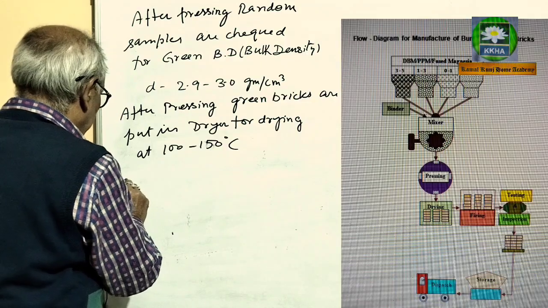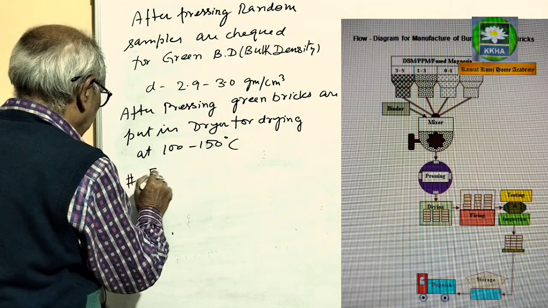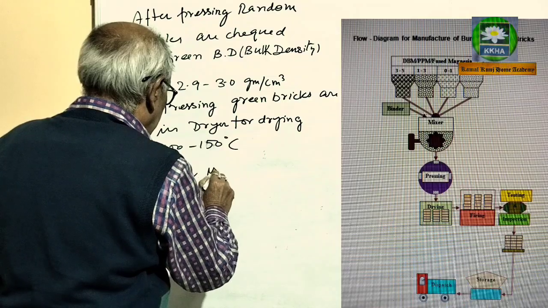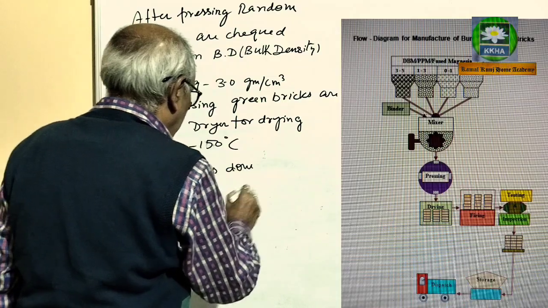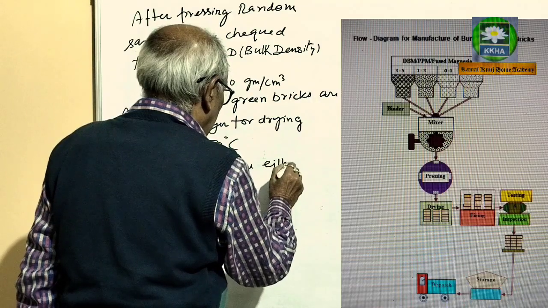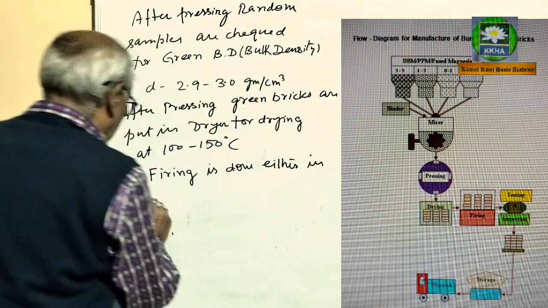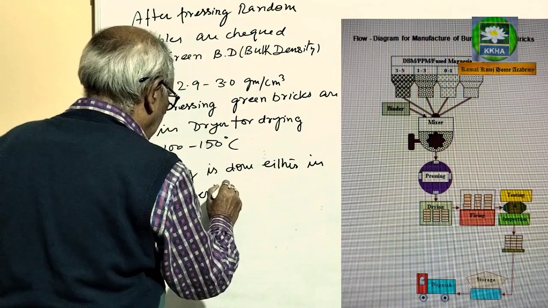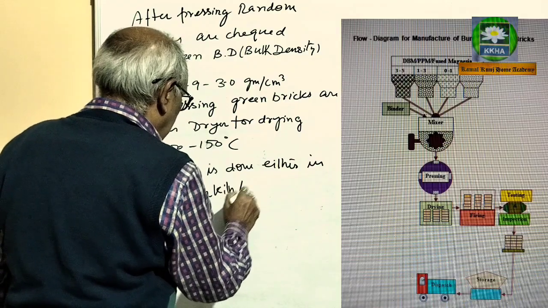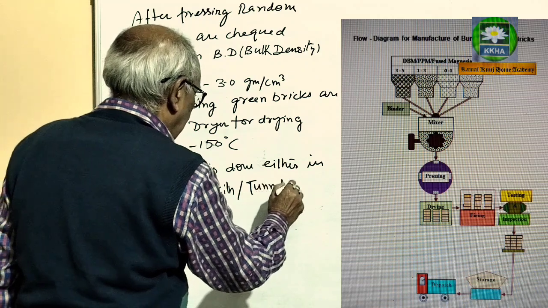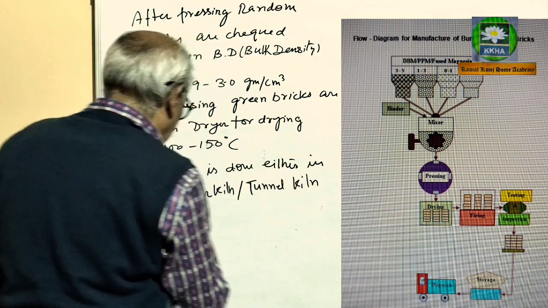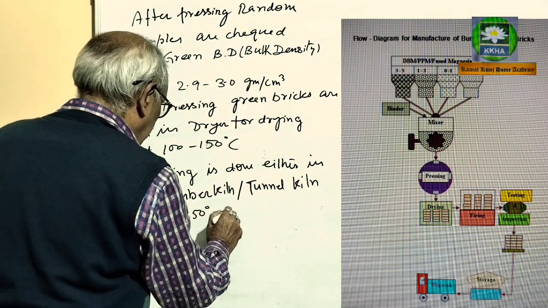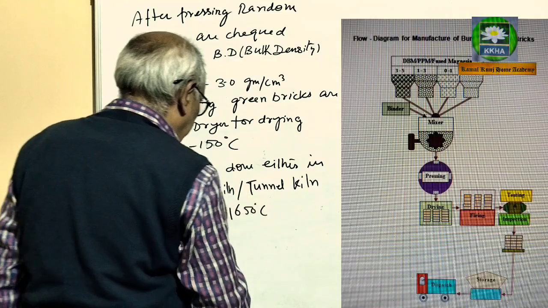Next step is firing. Firing is done either in chamber kiln or tunnel kiln at a temperature of 1550 to 1650 degrees Celsius.